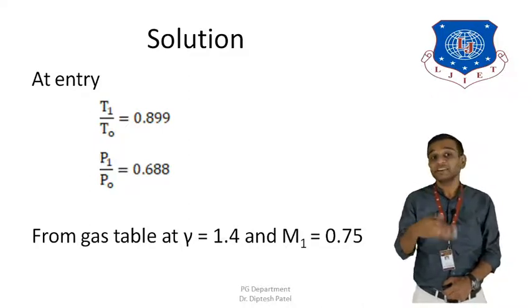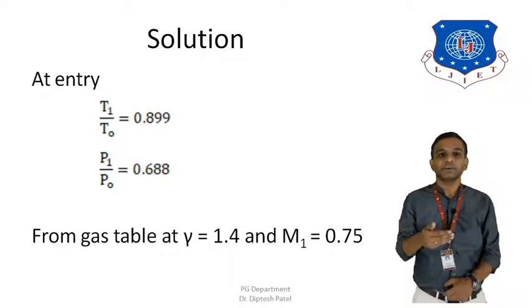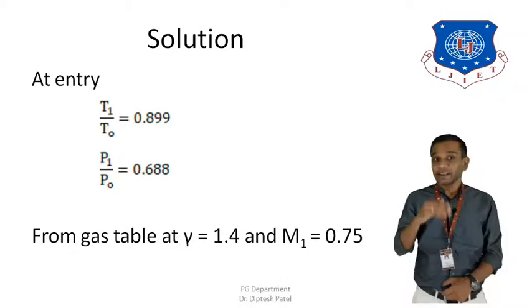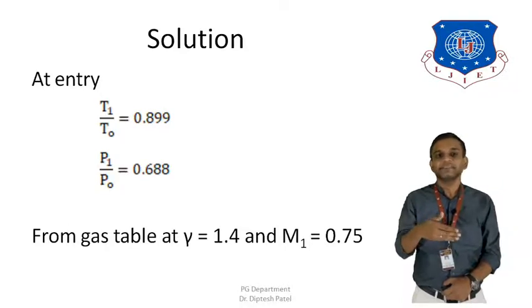Now how would you get the ratio from the temperature at section 1 to T0, or pressure from section 1 to P0? That can be referred from the gas table. The gas table is available in many books. Here we need to use the gas table to calculate the ratio, and on the basis of that you will get certain values, and once you have at least one unknown, you can calculate the rest of the parameters.